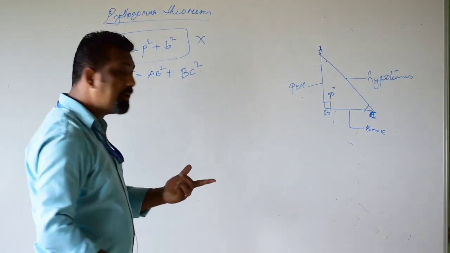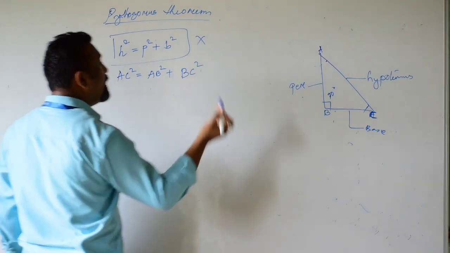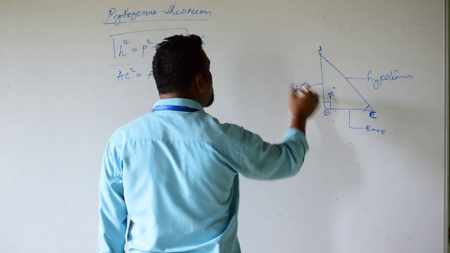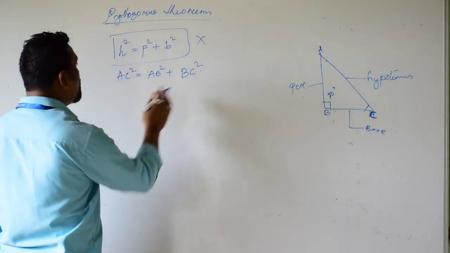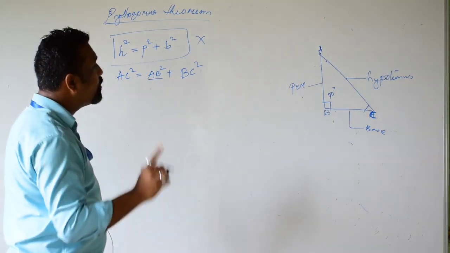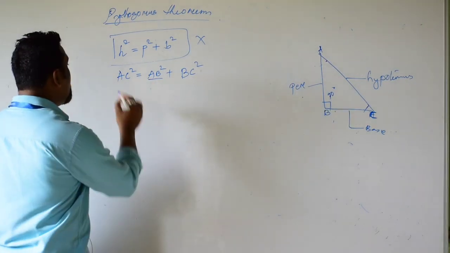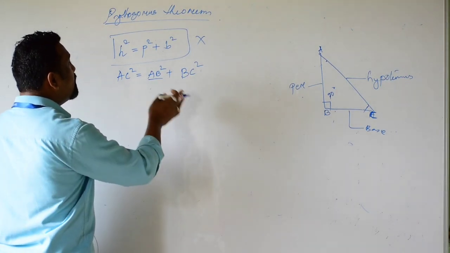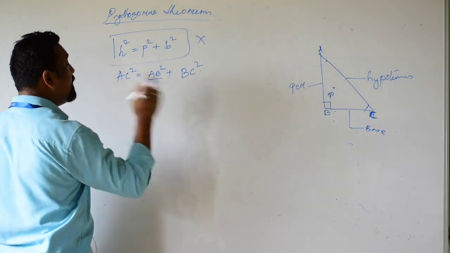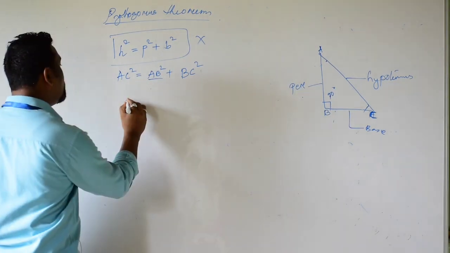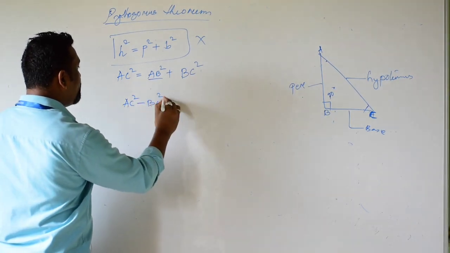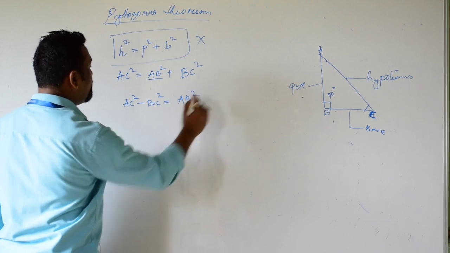So from here two more formulas will come out. Some questions may give the hypotenuse and the base, and ask you to find the perpendicular. In that case, we just change it. Like here, the perpendicular is AB, and if the question asks you to find the perpendicular, you have the hypotenuse and the base. Just the formula will change like this: AC square, the base will be moved to this side, and AB square will be left here.